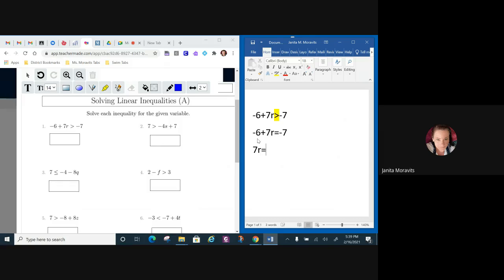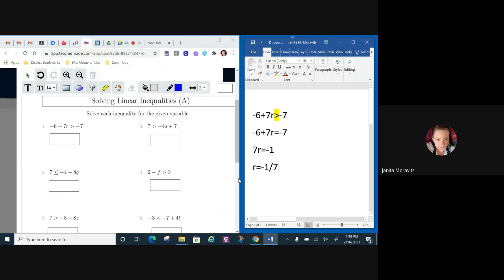And then you have -7 plus 6. That's going to leave you with a -1. All right, now we got to finish solving. We're multiplying times 7. So 7r divided by 7 will leave us with just an r. And then we have -1, and we also have to divide it by 7.